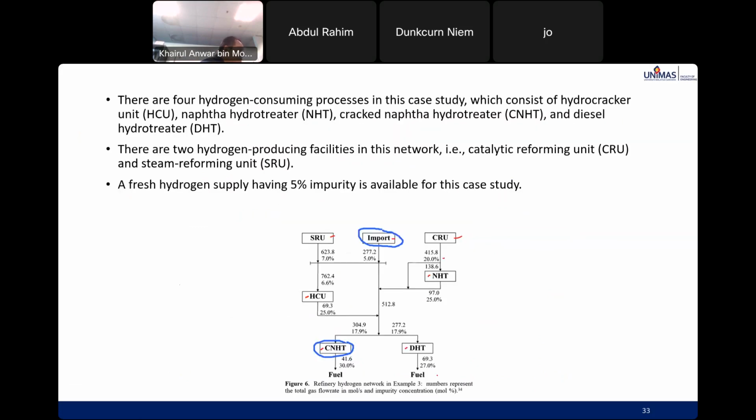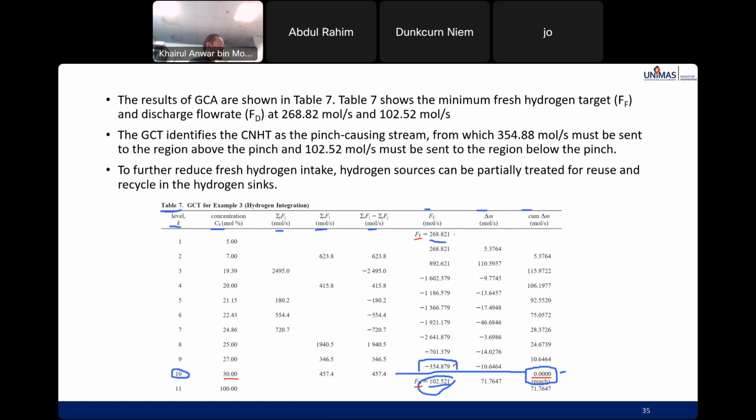CNHT, refer back to figure 6, is over here, the last unit before it goes to flue. So that is the minimum.